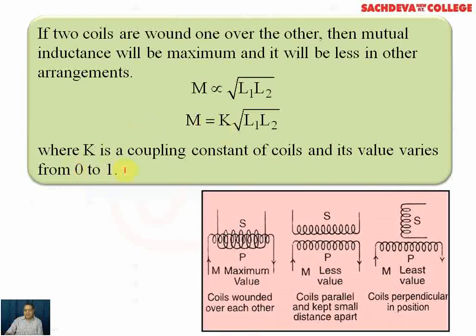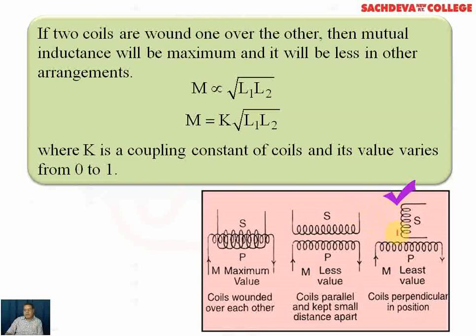Now we can see the figure. In the first figure, we find that P and S are wound over each other. In the second one, the coils are parallel, that is, one coil is kept over the other. Either primary can be kept over the secondary or the secondary over the primary. Similarly, the least value of M will be obtained when P and S are perpendicular to each other.